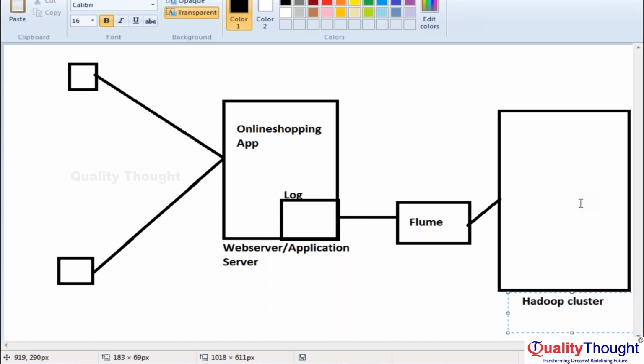Example, we want to know today how many people bought a Samsung mobile, and how many people browsed a Samsung mobile. Crores of customers log in to online shopping applications, right? We cannot say every customer buys products. Some people just browse and close the application.